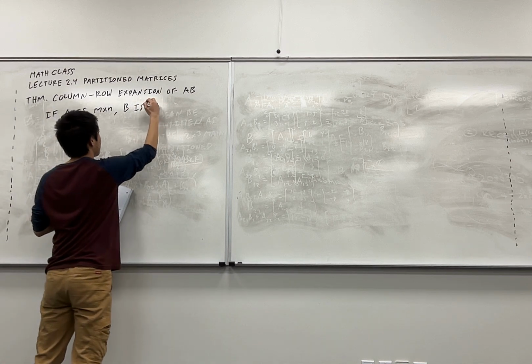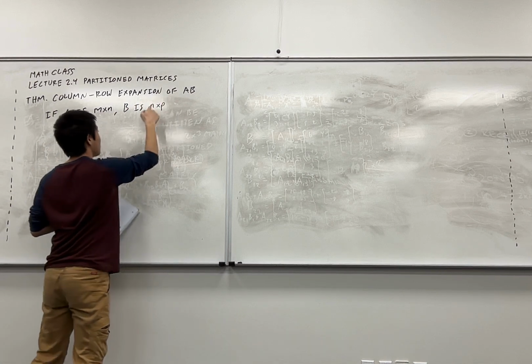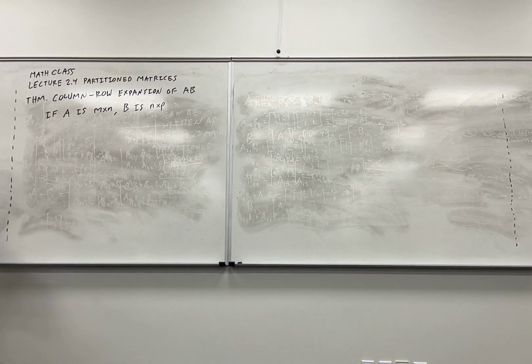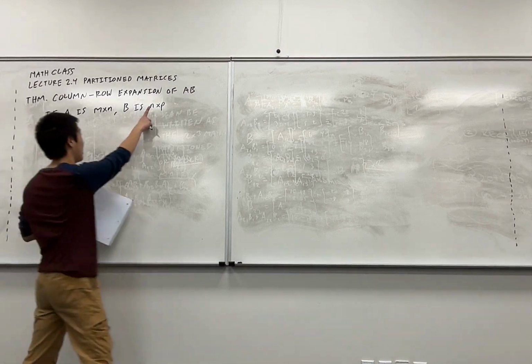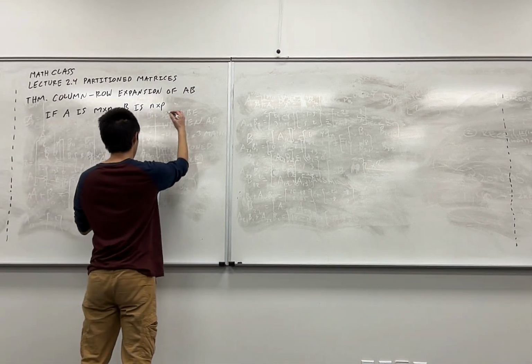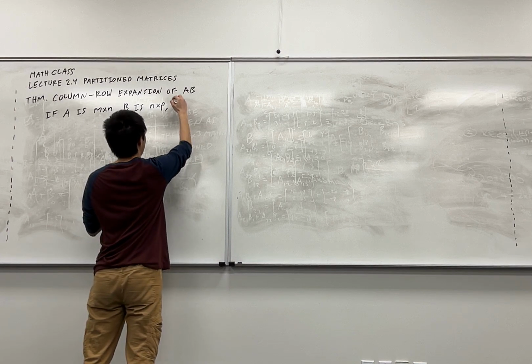Why do I start it with N? The row. Because it has to have the same number of rows as A has columns. Exactly. Otherwise, I could stop the theorem here, because guess what? You're not multiplying them together. So we need to make sure that I have definitionally defined multiplication.